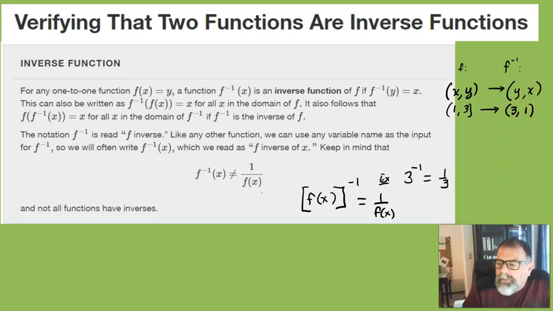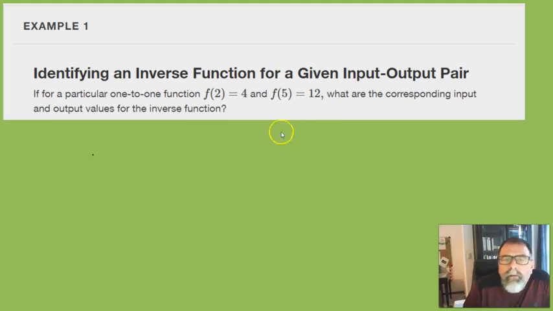So we're just going to switch the x and y coordinates. So if the input's 2, f inverse, that's going to become the output. That would be 2 over here, and the 4 is the output for f. So that's the input.